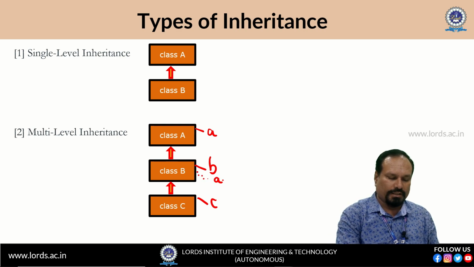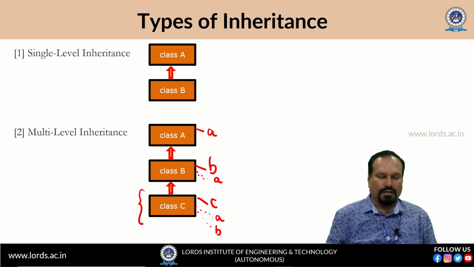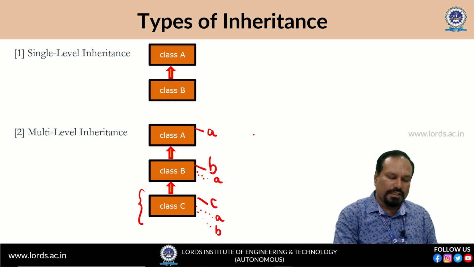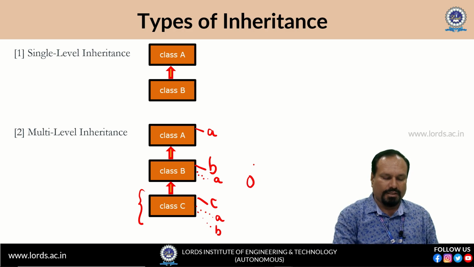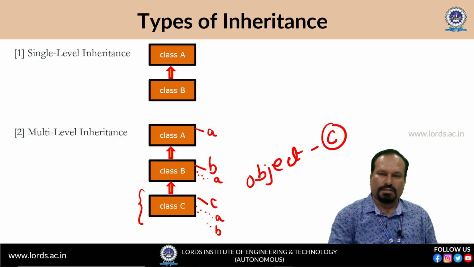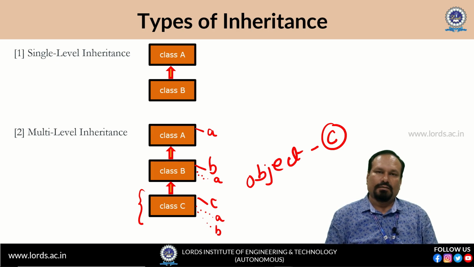Because we have performed inheritance, A will be available in B. Because from B to C we have extended, we have A and B also available in C. Then in this situation, all functionalities of A and B are available in C along with the functionalities and features of C. We need not create an object of class A and B. If you want to create them, you can, but we can just create an object of class C, only class C. If you want to create for A and B, there's nothing wrong in that.